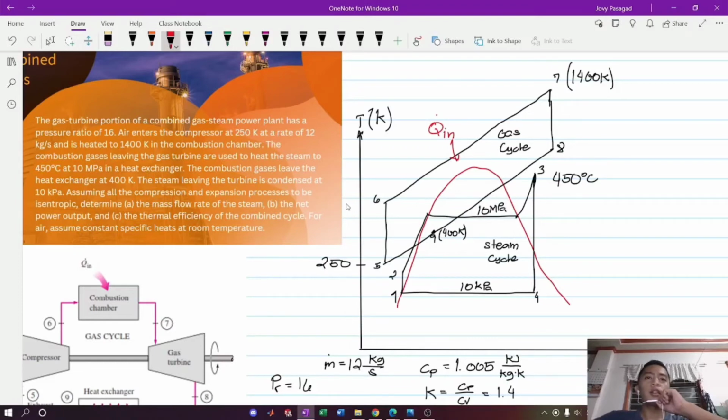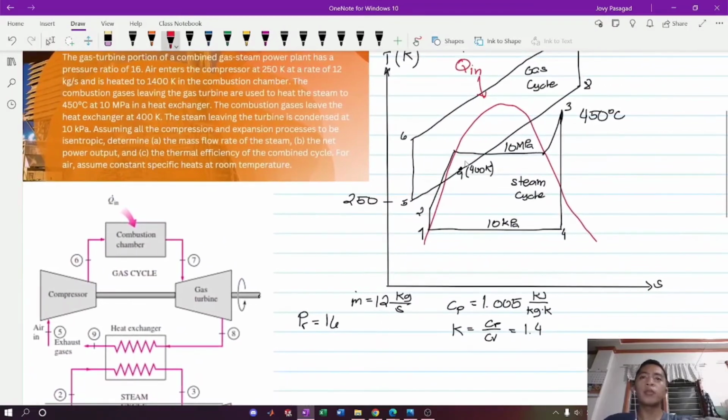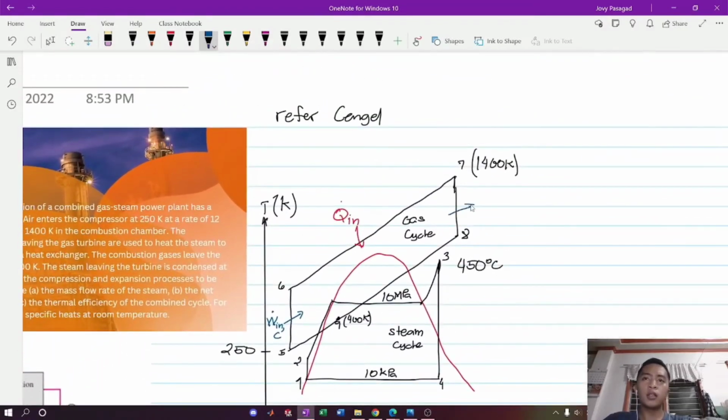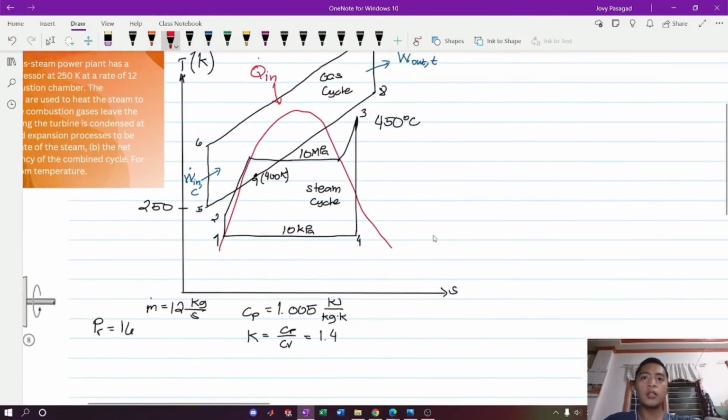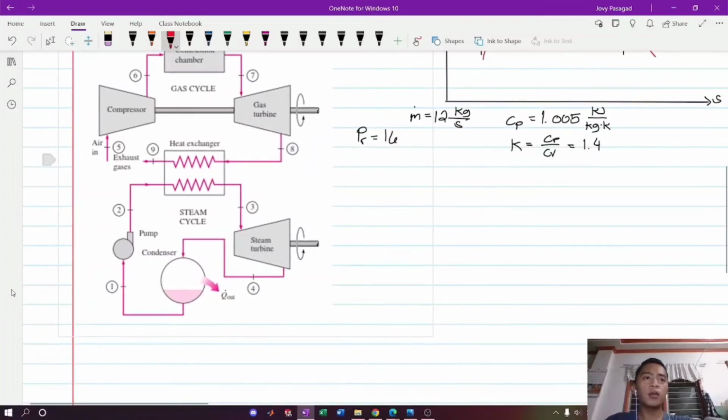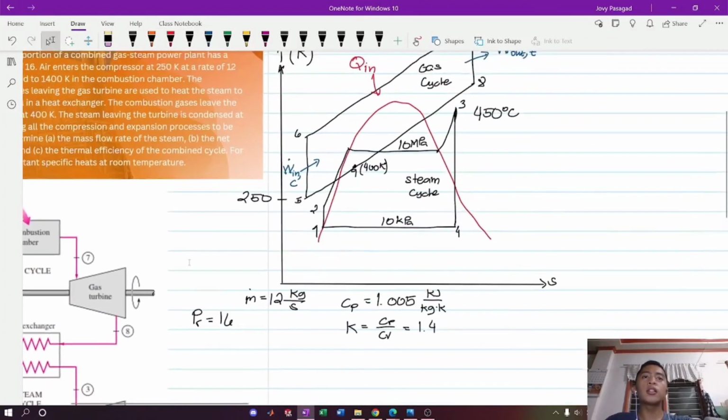And process 6 to 5 is our compressor, so naay work in sa compressor sa gas cycle, and then work out sa gas turbine.